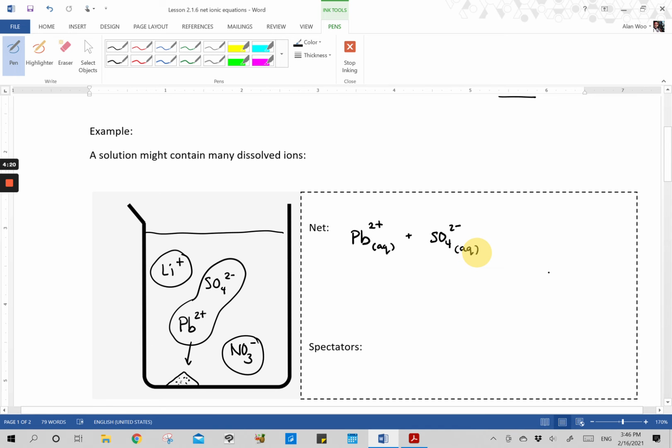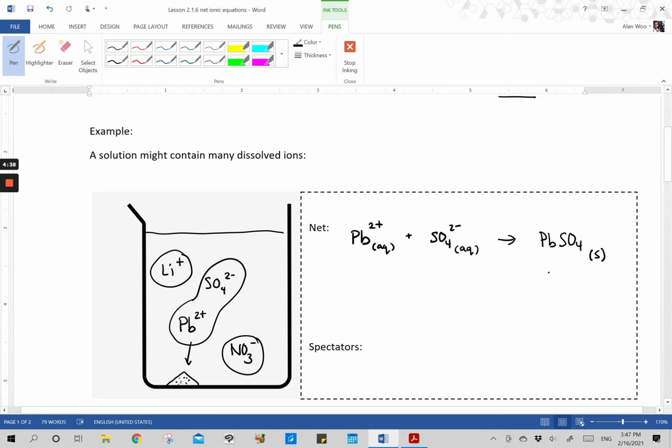So when these two are combined together, they will form PbSO4 as a solid.